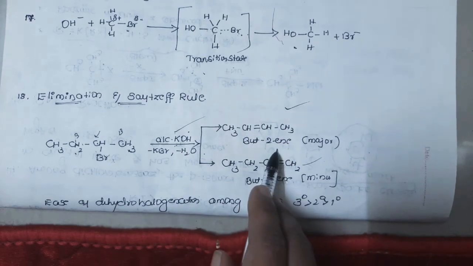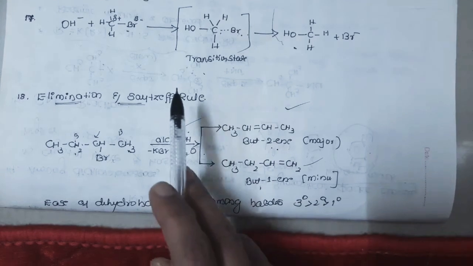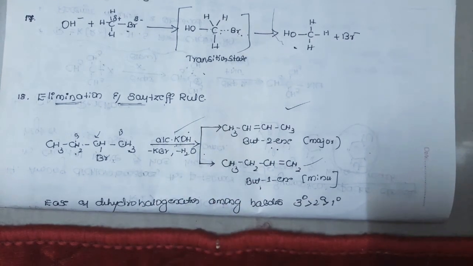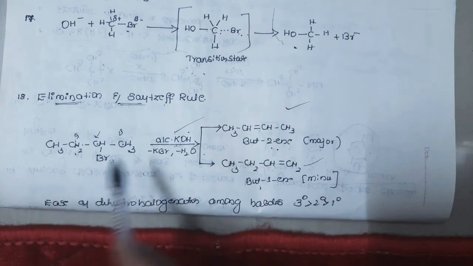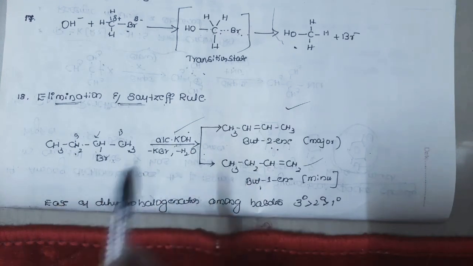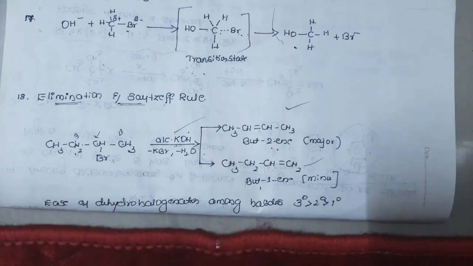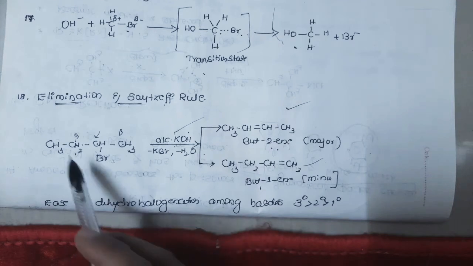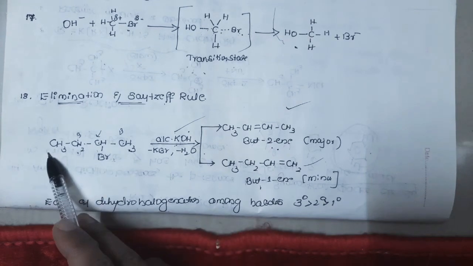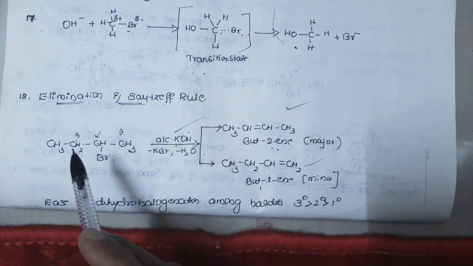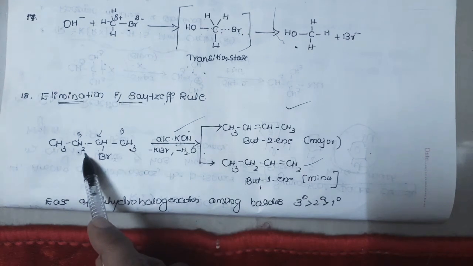Why is 2-butene the major product? Because it follows a set of rules. So how do we explain that rule? When there is more than 1 beta carbon, the hydrogen is eliminated from that beta carbon containing more carbon atoms, or you could say containing less hydrogen atoms.